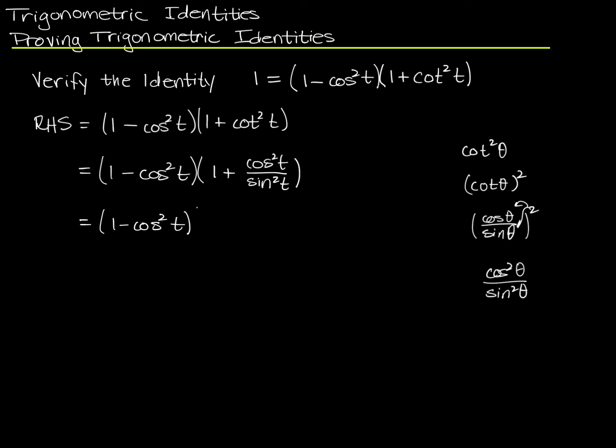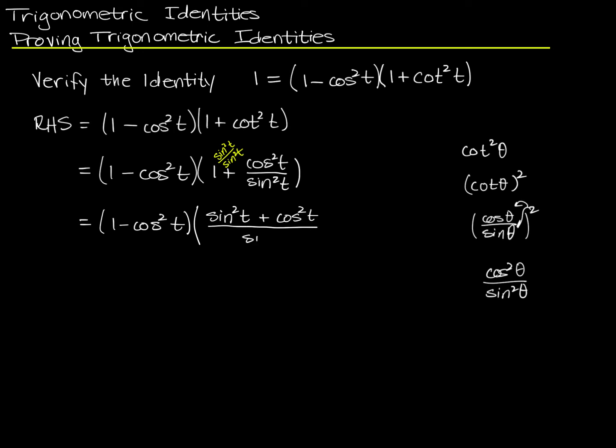And I'll write my second factor here so that I have a common denominator. 1 can be thought of as sine squared over sine squared. So I'll rewrite my second factor as sine squared over sine squared plus cosine squared over sine squared.